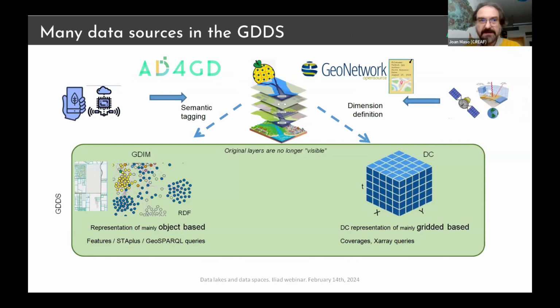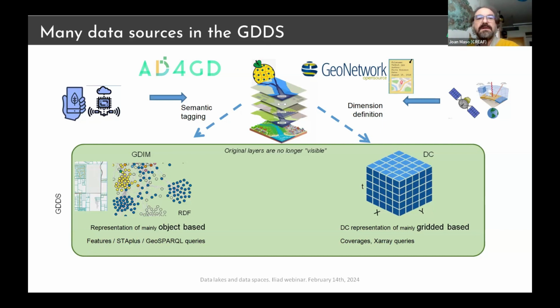I'd like to say that what we are now doing differently is extending this idea of spatial data infrastructure, the European spatial infrastructure, so-called INSPIRE, to include many other sources of information like citizen science, Internet of Things, as well as remote sensing and data modeling.